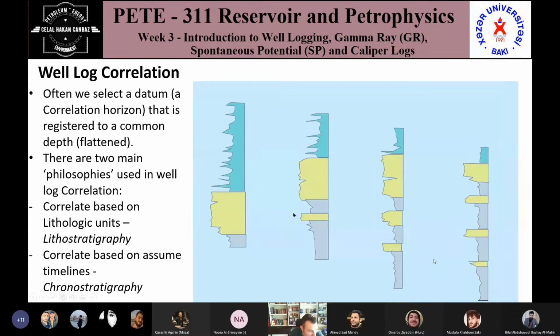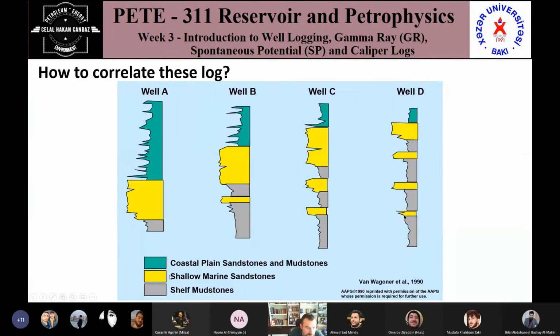So what is the difference between these two? Let's say, for example, here are 4 different wells we got. The green one shows coastal plain sandstones and mudstones. The yellow one, shallow marine sandstones. And the other one, the lower parts, shows shales, mudstones.